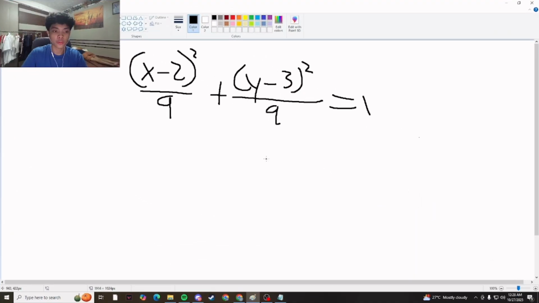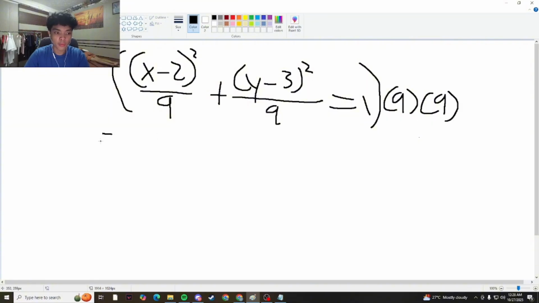Now let's move on to how to turn the standard form into the general equation. The given is (x minus 2) squared over 9 plus (y minus 3) squared over 9 equals 1. First, we can move the denominator into the right-hand side. So 9 is multiplied by 9. Now we can square the binomial on both terms.